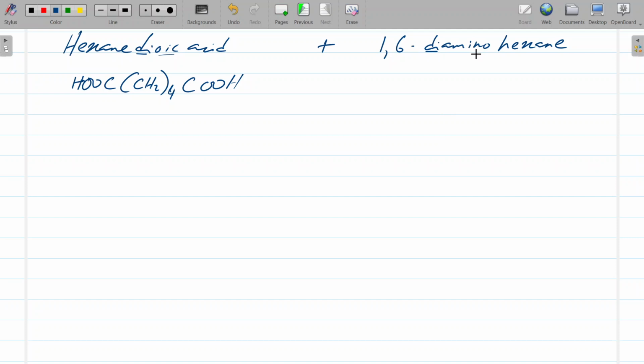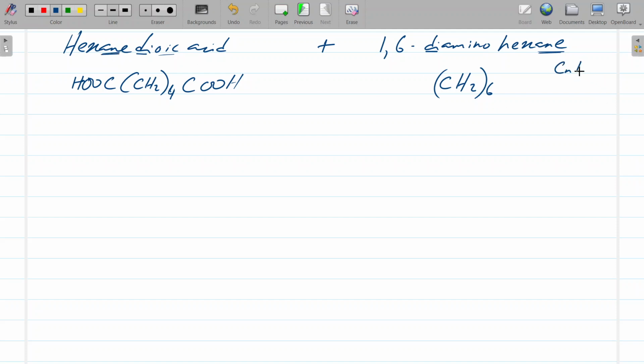We haven't come across amino in chemistry, so you've got two of these. What about over here? What is this telling us? 6 carbons. And so if I write it out, I've got CH2 times 6. Now remember the formula: it's a hexane, so this is an alkane. This is also the alkane part.